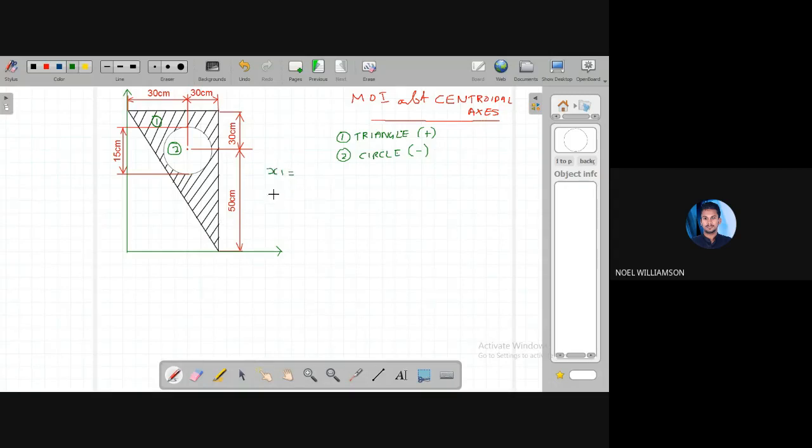X1, Y1, A1, X2, Y2, A2, and using those, X bar and Y bar.